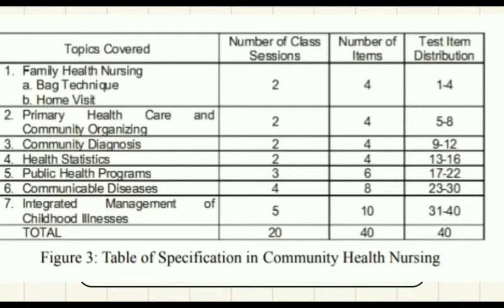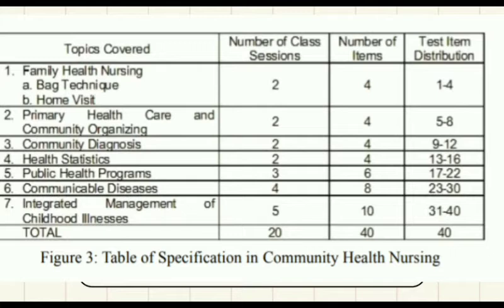So, this is an alternate way of deciding the number of items for a topic: base it on the time spent in class to cover a particular topic, or the number of sessions. Out of a total of 20 sessions, 2 sessions were spent to cover the first topic. That is 10% of the time spent.